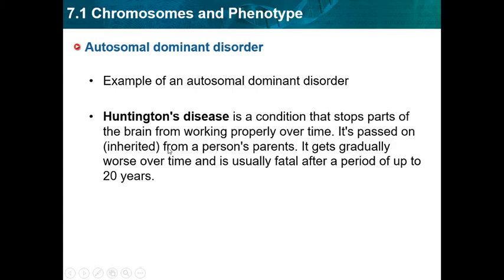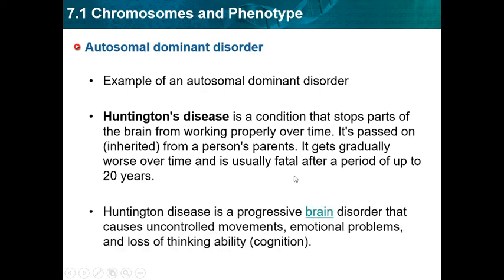It is passed on or inherited from a person's parents. It gets gradually worse over time and is usually fatal after a period of up to 20 years. Huntington's disease is a progressive brain disorder that causes uncontrolled movements, emotional problems, and loss of thinking ability.